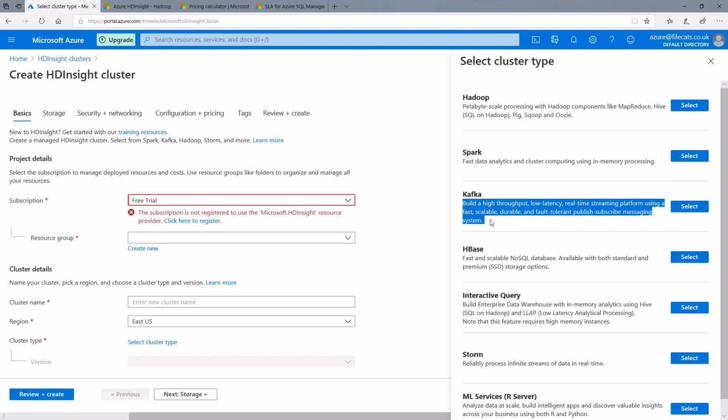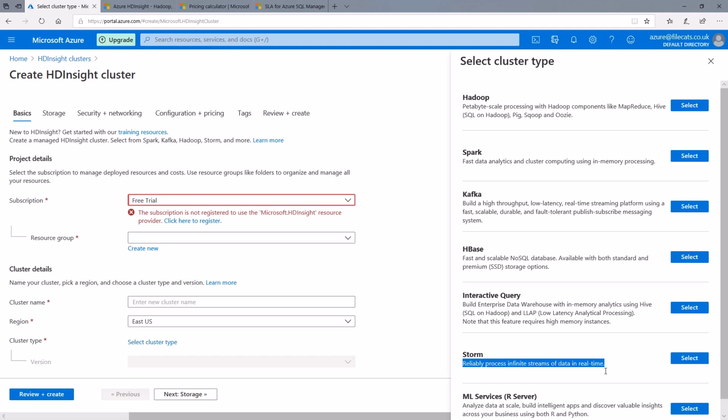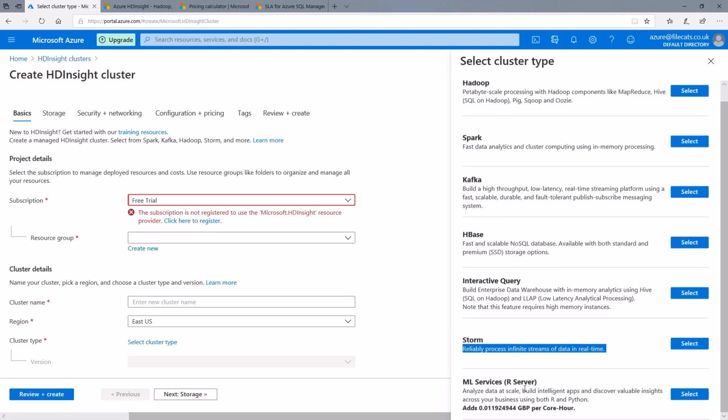Kafka. This is a clustered streaming service for ingesting streaming data. Storm. This is a real-time data processing unit. And R. So R is a statistical programming language.